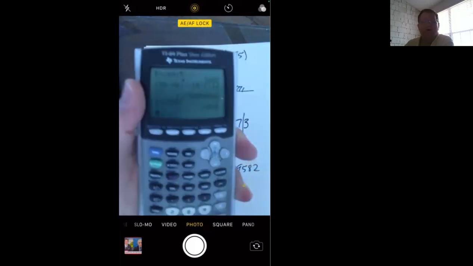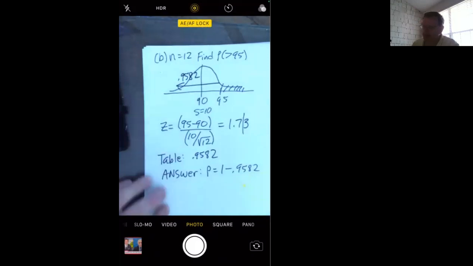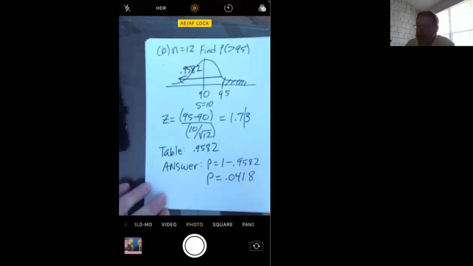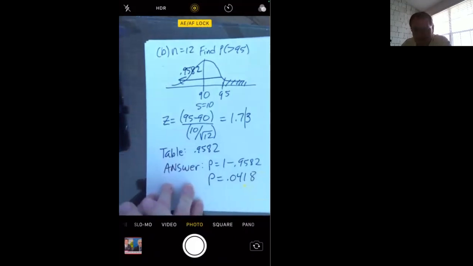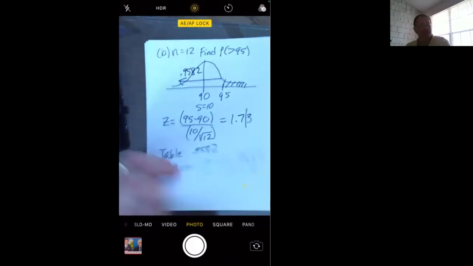That is 0.0418. About a 4% chance that the mean of a sample of 12 would read greater than 95 words per minute. Guess we'll just keep working our way down through the parts.